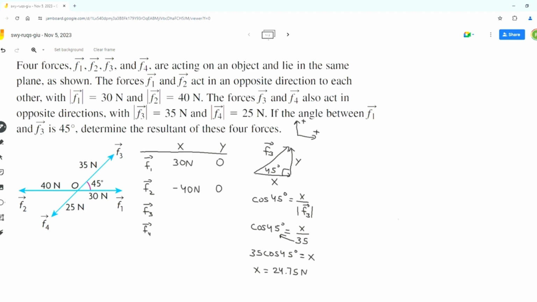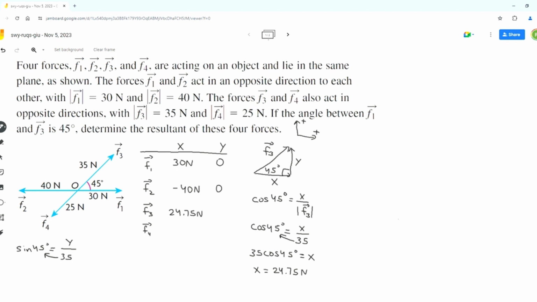There's a very important concept you need to understand and memorize. So the x component is 24.75 newtons, and now we can find the y component, and for that we can use the sine ratio. The opposite side is the side that represents the y component, and the hypotenuse is the magnitude of F3.